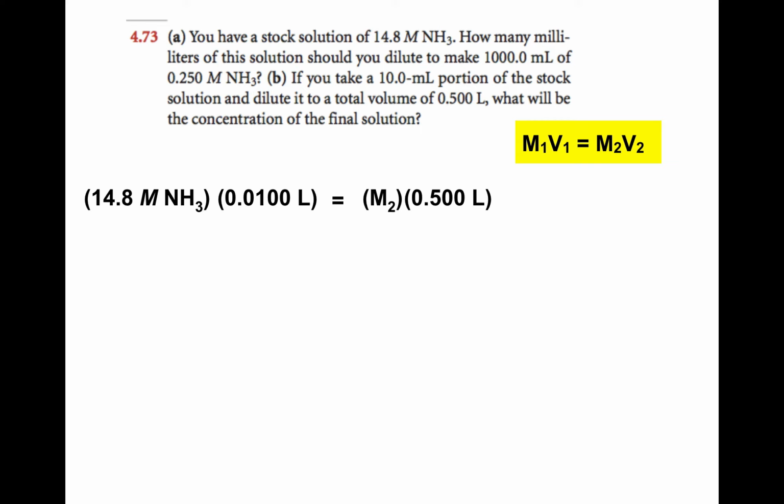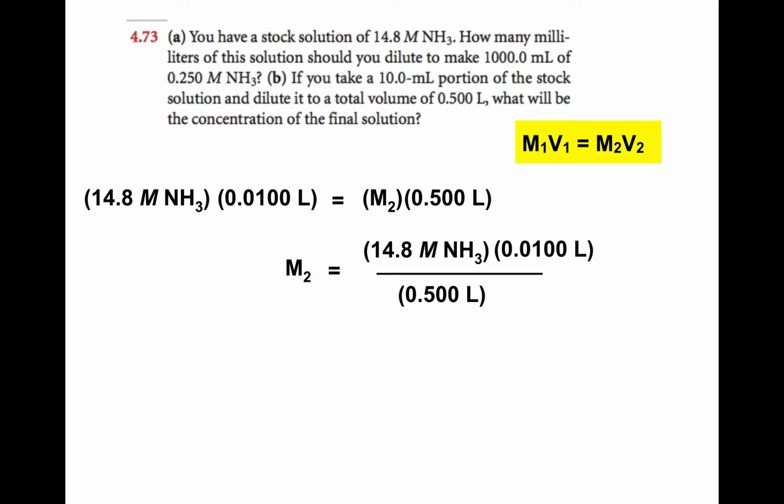And you're going to dilute up to 0.5 liters. So what's my new concentration? So I isolate M2 by itself by dividing both sides by the volume. When I divide liter into liter, the liters cancel this time, and I'm left with my new molarity. All right, so I've diluted it down to 0.296 moles per liter. So that's how dilution problems work.